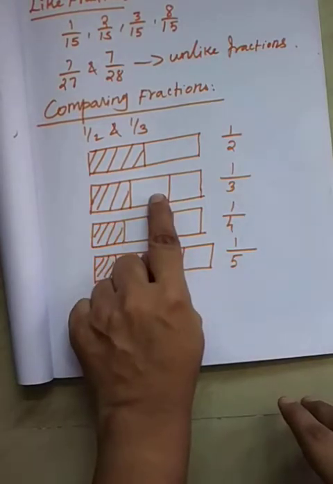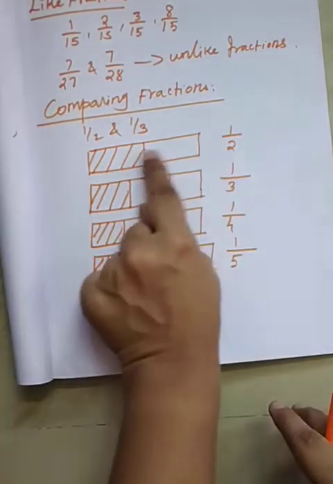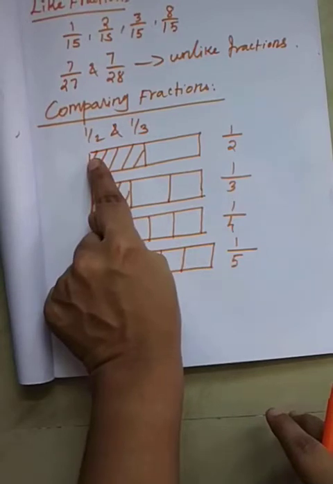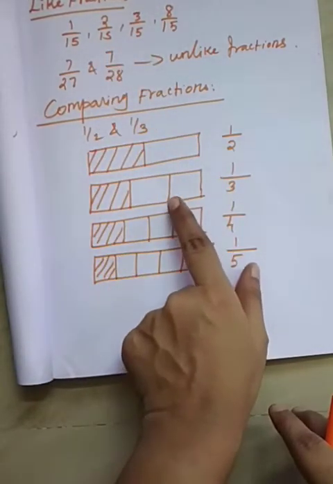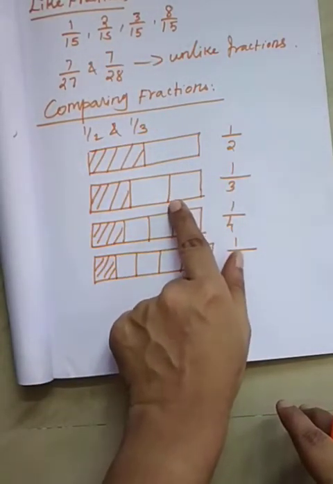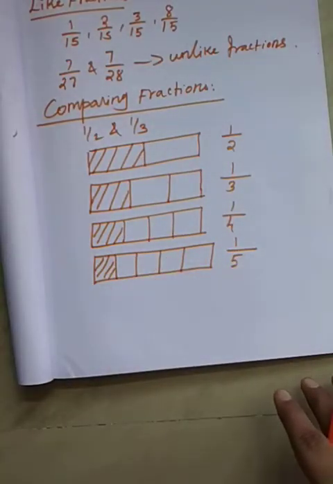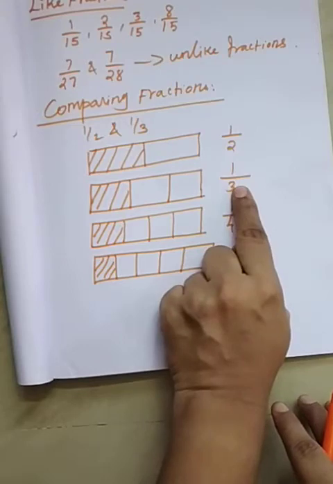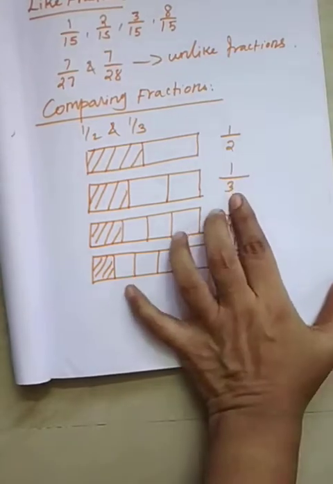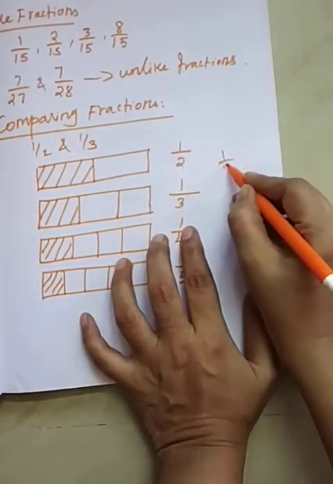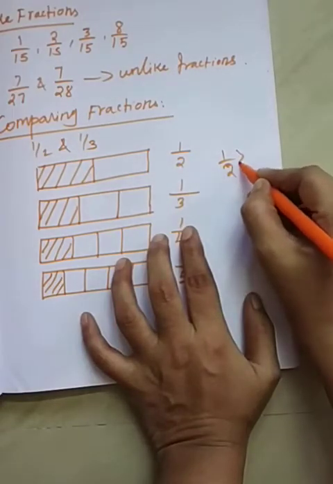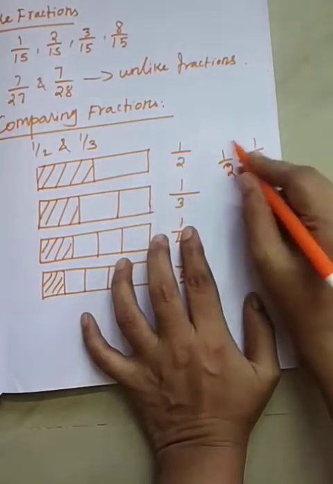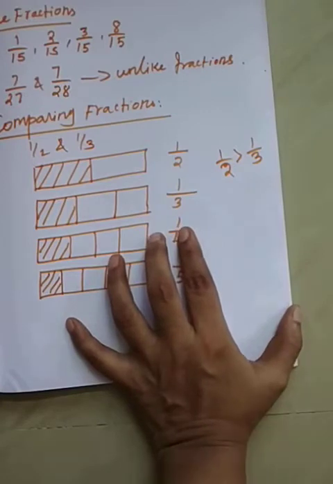The portion corresponding to 1 by 2 is clearly larger than that corresponding to 1 by 3. So, in these two terms, 1 by 2 is greater than 1 by 3. This is the greater value.